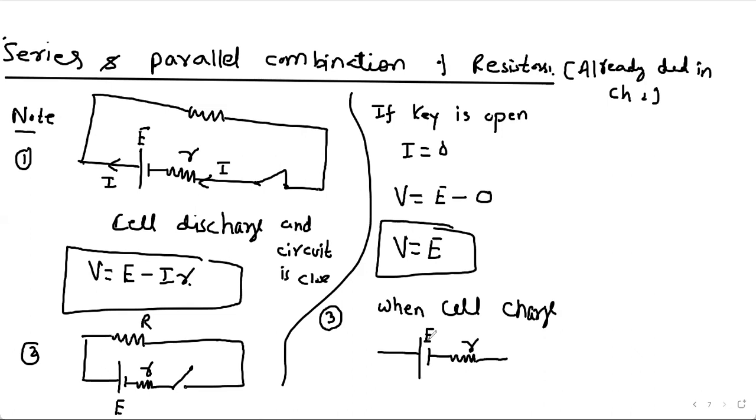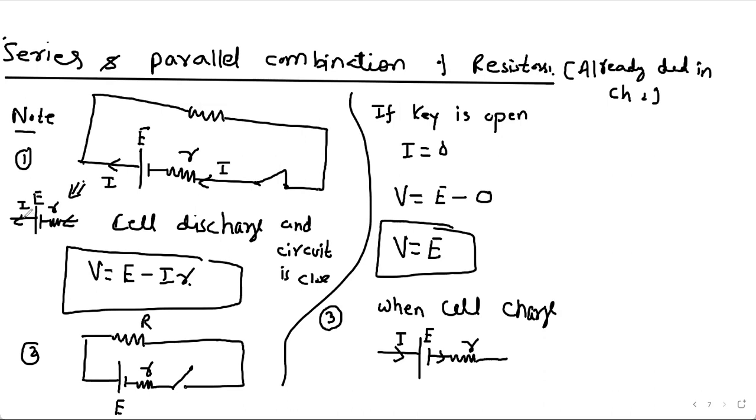One important thing is that when a cell charges, the direction of current in the cell is from negative to positive. You can compare these two cases. The circuit you can even draw this way: this is current, this is EMF, this is internal resistance. No need to draw the complete circuit, you can just draw this much. The direction of current will tell you whether the cell charges or discharges.